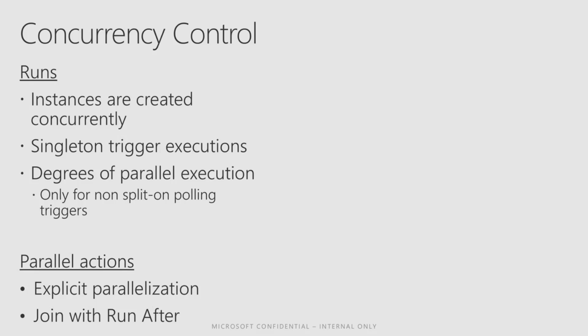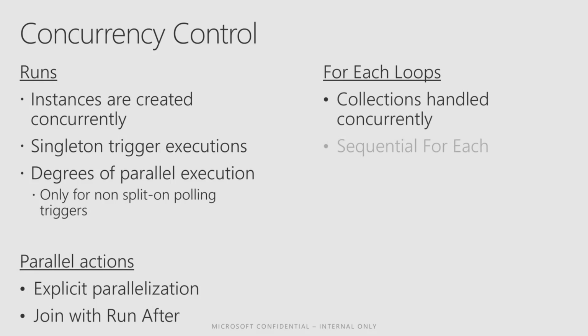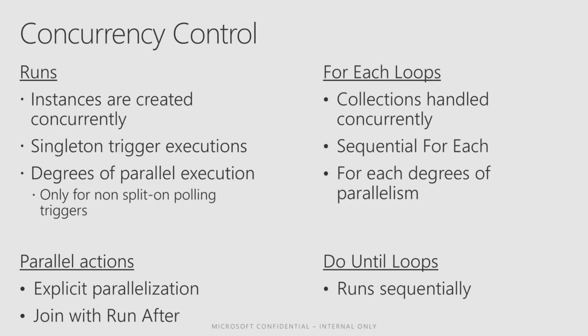You do explicit parallelization. You can join with run after. You can do for each loops, so those collections are handled concurrently, or you can do sequential to control your degrees of parallelism. Also do until, which is going to be a serial loop. So it's going to do one action until a specific thing happens.